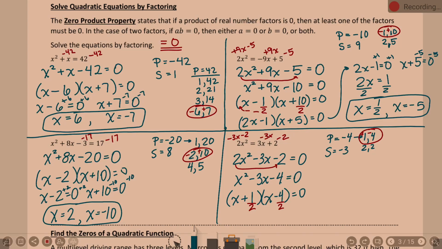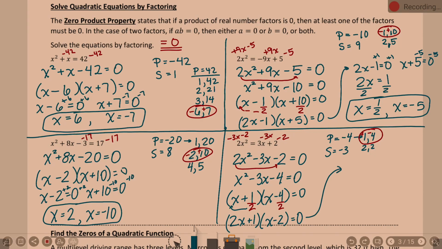1/2 doesn't reduce, does it? So move that 2 back out front for 2x plus 1. X minus 4 over 2. 4 divided by 2 becomes what? X minus 2. Set each factor equal to 0 now.